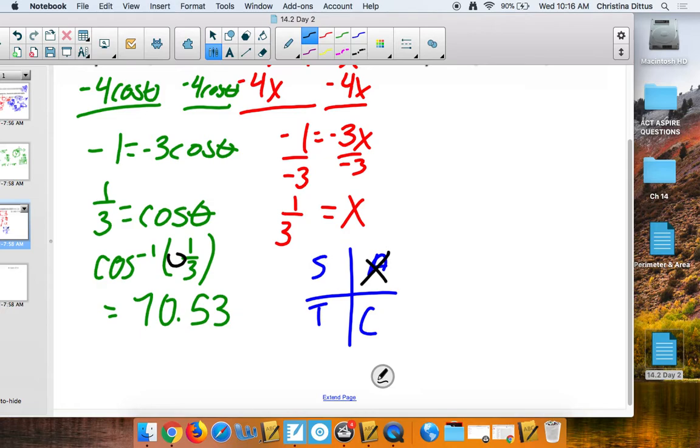So I need to figure out, with my angle of 70.53, that's my reference angle, what degree that is all the way around. I don't want to use negatives. So how do I figure out what that whole angle is in quadrant 4? 360 minus the reference angle.